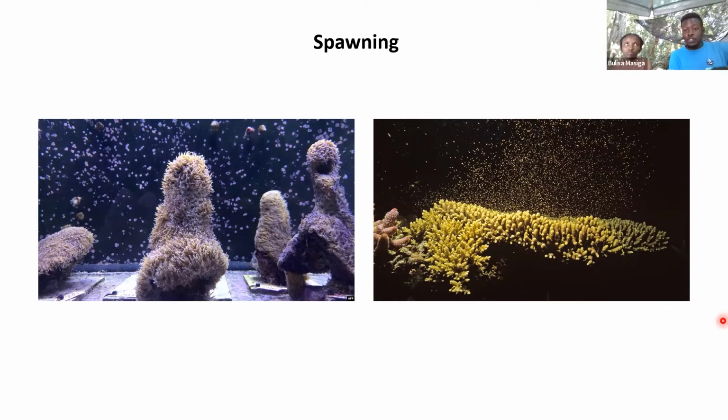The gametes will float towards the surface where fertilization occurs, and a planula is formed after successful fertilization. So a planula to corals is essentially what a zygote is to human beings.